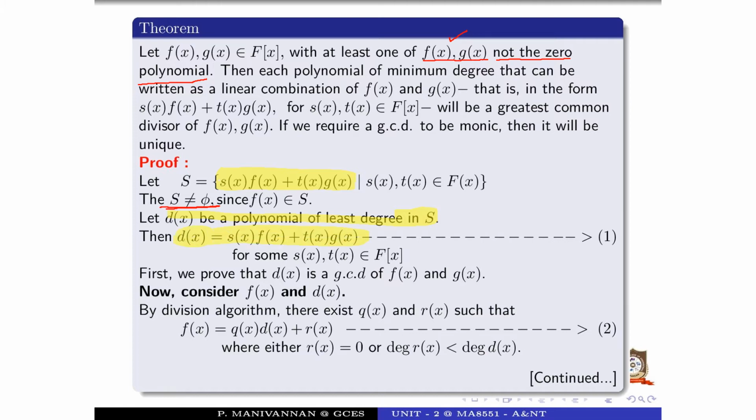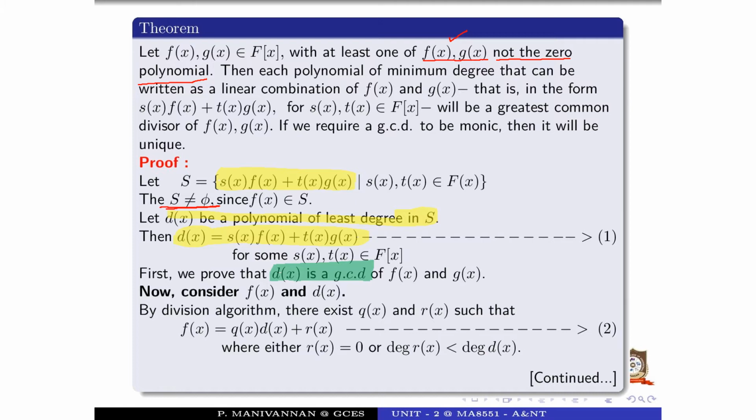First we prove that d(x) is the GCD of f(x) and g(x). Now consider the condition for GCD: the term divides both f and g. First we prove it for f(x) and d(x).